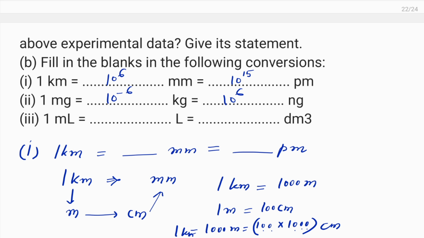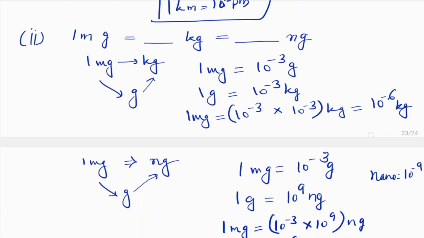Fine. Let's do the third and last one. 1 milliliter is equal to how many liters and how many decimeter cubes. Third question.